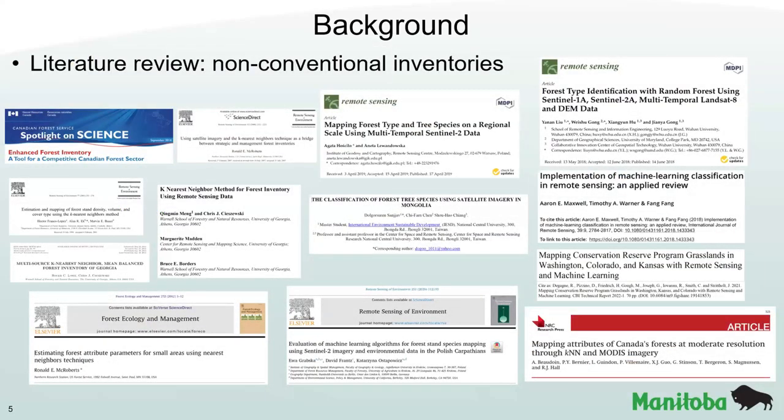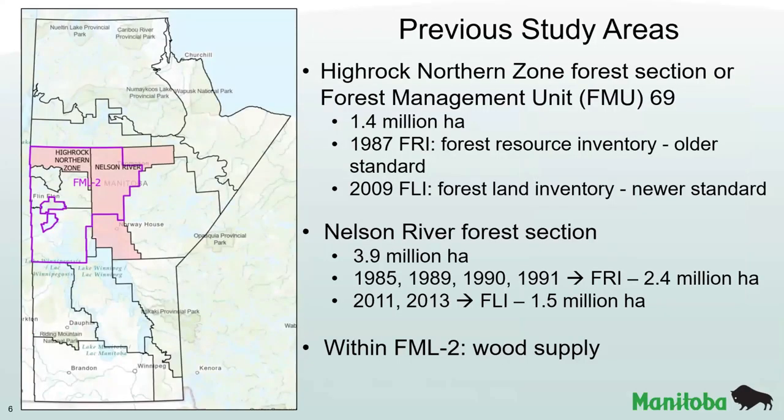So we started to look a number of years ago at other approaches to doing a forest inventory, scoured the literature, and tried to do this ourselves. A couple of areas we looked at in the province were an area called the High Rock Northern Zone and an area called the Nelson River Forest section, highlighted in pink there.